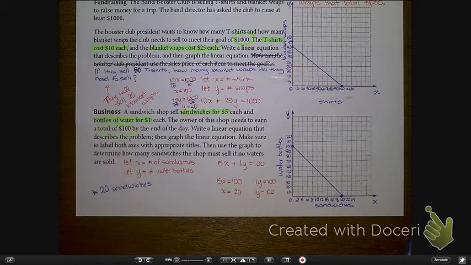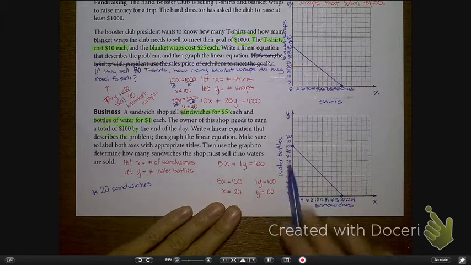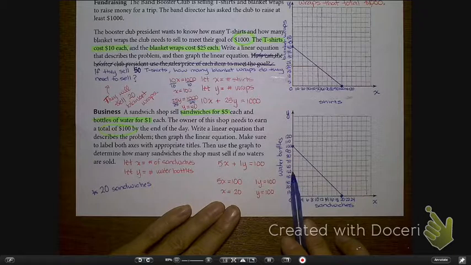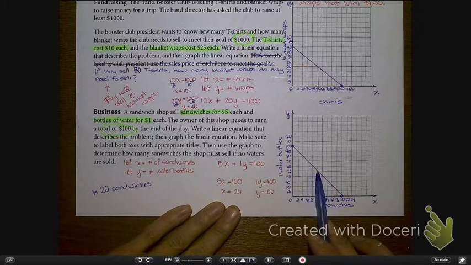Okay, now, what if I asked you how many sandwiches do they have to sell if they sell 50 water bottles? On the water bottle side, we would go to 50, go to the line, and then go down to see what number of sandwiches matches that. So what number is that? 10, right?